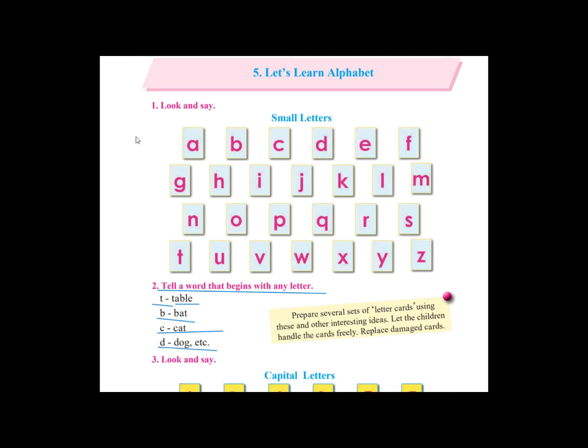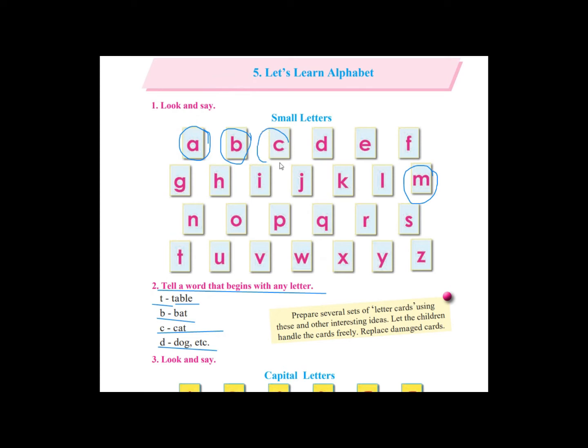You can take any letter. For example, K. K for kite. You can take M. M for monkey. If you took A, A for aeroplane, A for apple. If you took B, B for ball, B for bat, B for balloon.